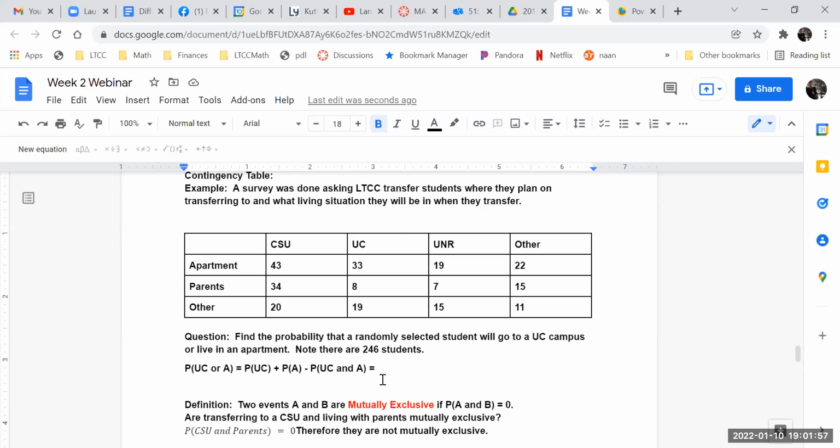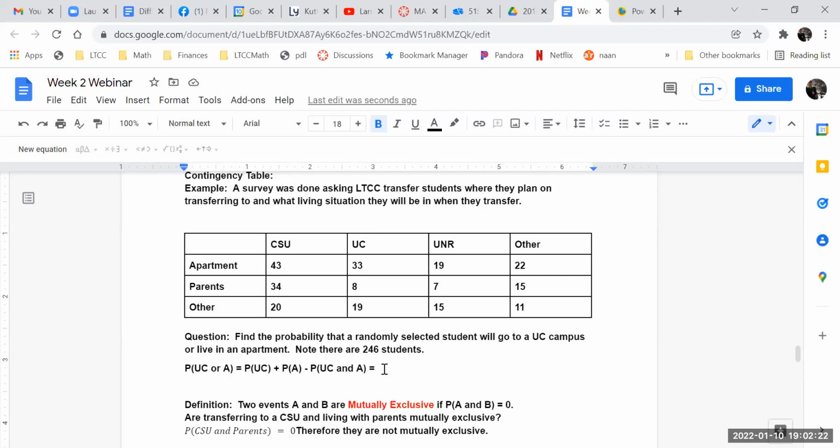In general, the probability of A or B is the probability of A plus the probability of B minus the probability of A and B. That's the general way of saying the same thing. You can see that in the book. That's an important formula. Another one you can put on your note sheet, so that you have it right in front of you when you're taking the exam. Any questions on that?